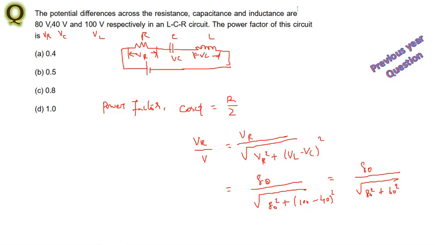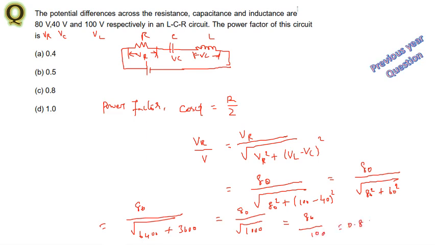So 80 divided by the square root of 6400 plus 3600. This value is about 10,000, so 80 divided by 100, what you are going to have is 0.8. So the power factor in this case, the answer is 0.8.